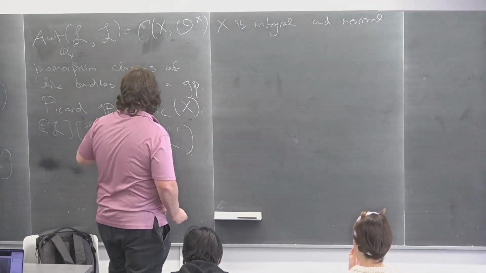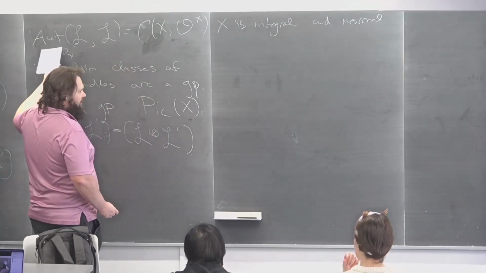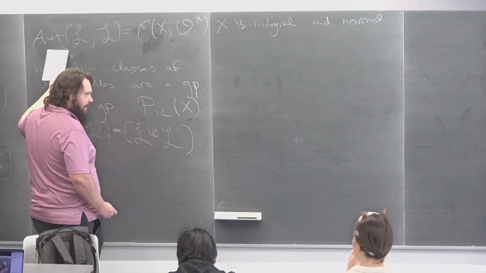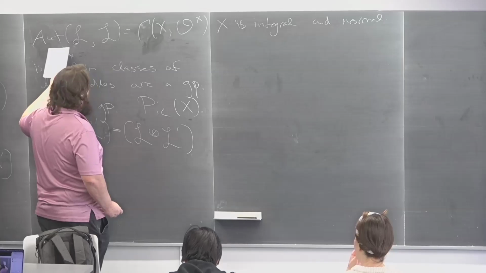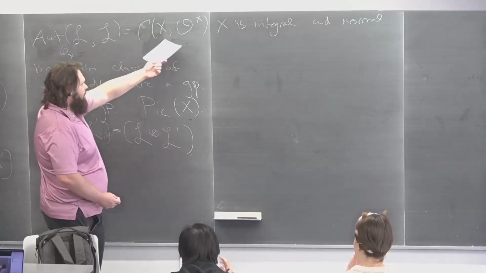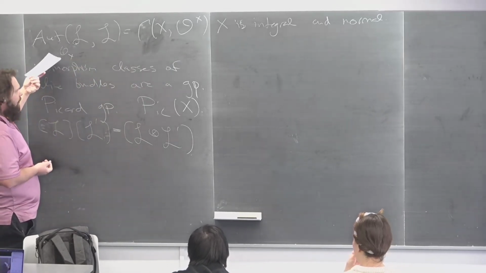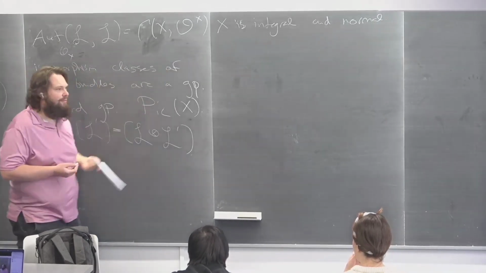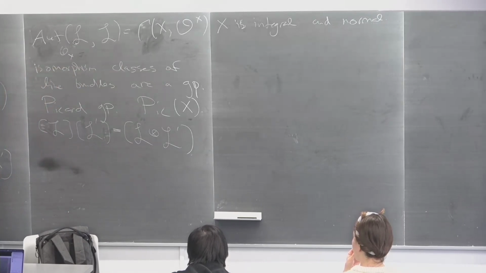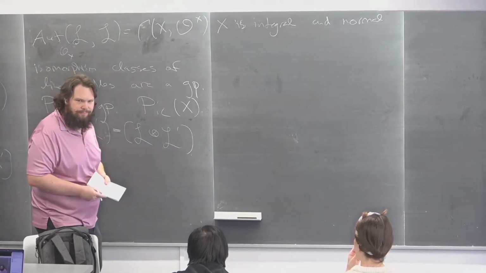But when this is interpreted in the category of O of X sheaves, or in the category of coherent sheaves, whatever you want, from there to there, it's by taking global sections. So if I had looked at the automorphism sheaf, then I would get the sheaf of invertible functions. All right. Any other questions?